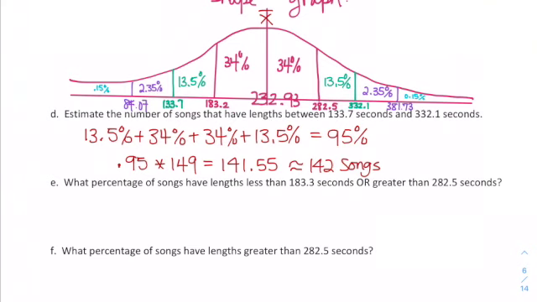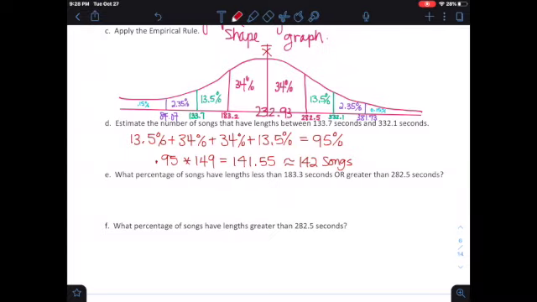Next question. E. What percentage of songs have length less than 183.3 seconds or greater than 282.5 seconds? So in this case, let's mark it off. 183 from here to here, and greater than 282 from here to here. Now, the easiest way is just to take 100% minus 34% and minus 34%.